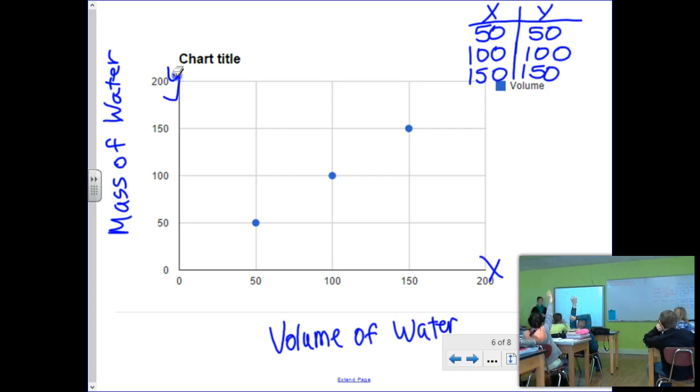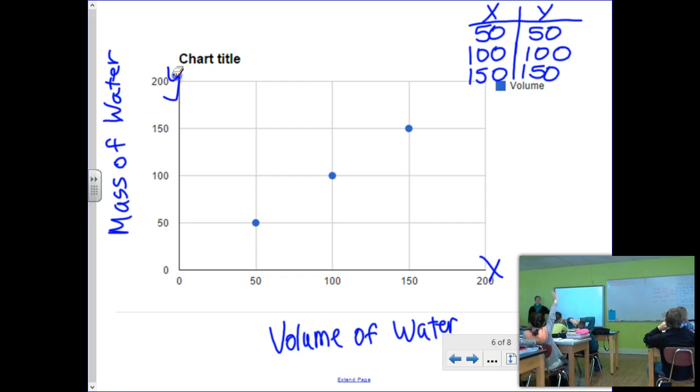I'm missing another label. Mia? There needs to be milliliters. Very good. These are the tiny little things that everybody always leaves off, and I still see them on some of your graphs. What am I measuring my volume in?